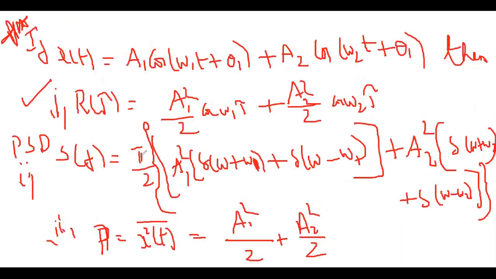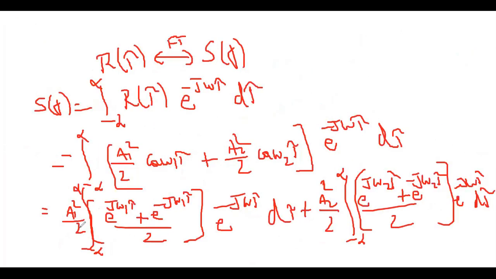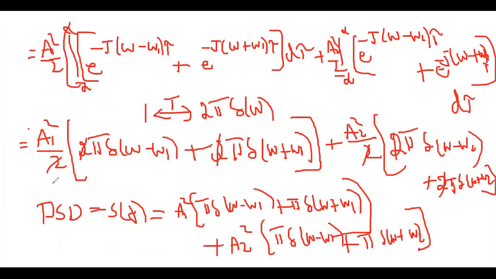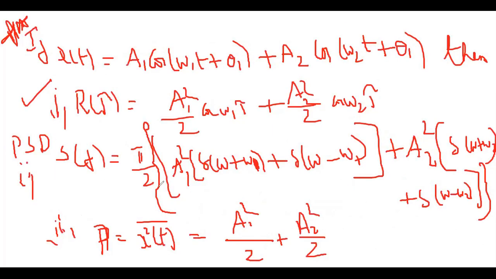They are asking that the power spectral density can be shown as pi by 2 a1 square delta and so on. You got the same thing. We take pi common, pi by 2, with a1 square and a2 square.